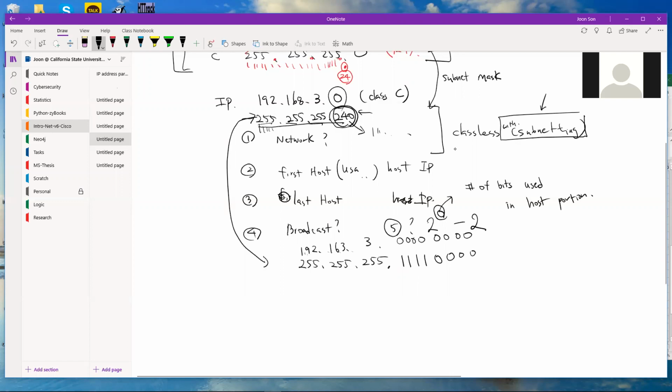By the way, I don't have to really convert this number into binary form, because the last octet is my area of interest, right? So I extend 0 to an 8-bit binary number, 00000000.